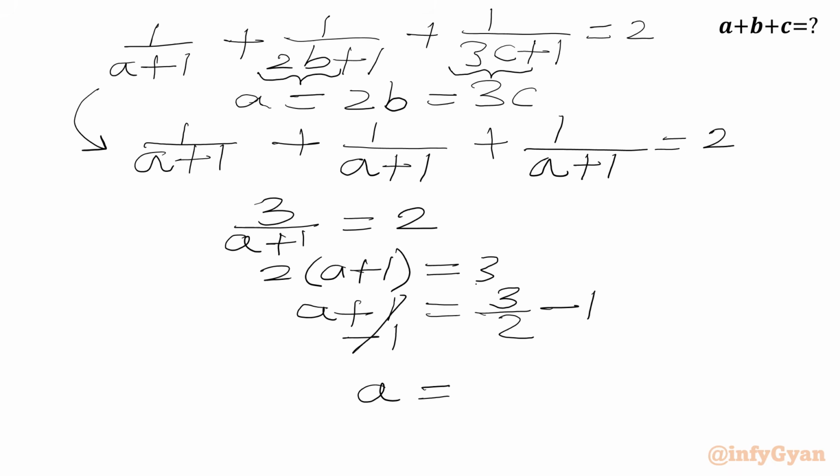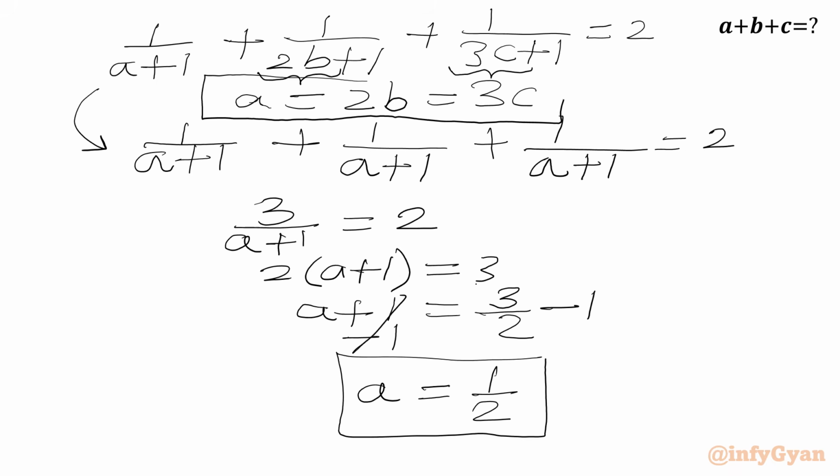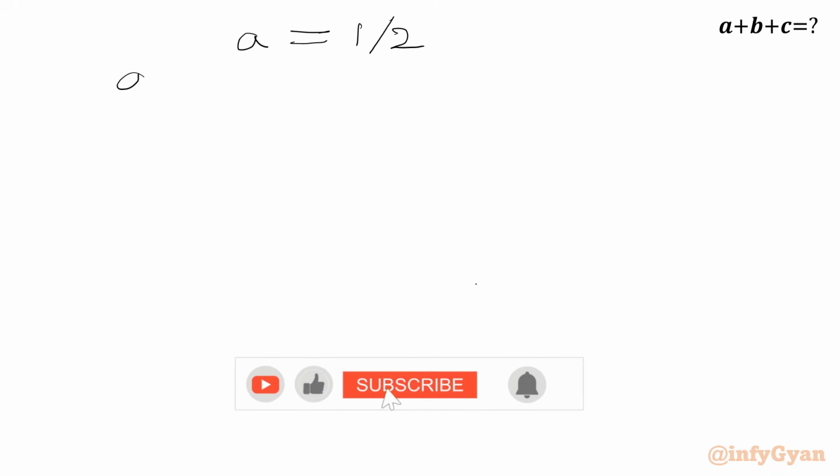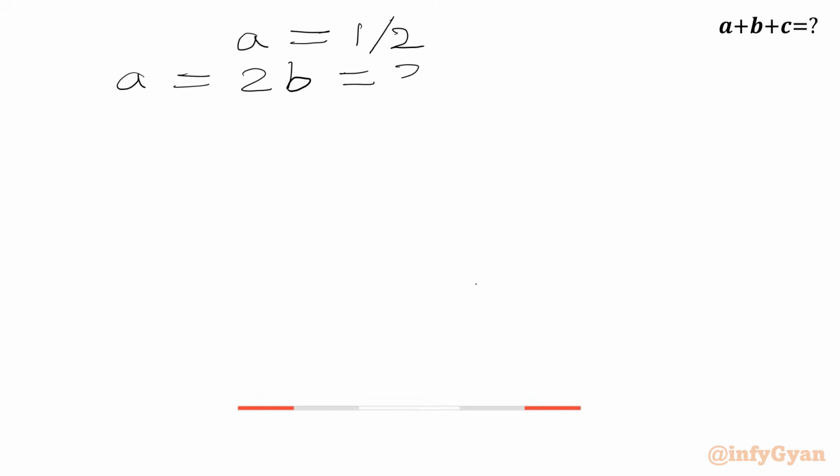We will get the a value. 3 over 2 minus 1 is half. So a is half. Now we have one strong conclusion: a equal to 2b equal to 3c. Let's put the value, a is equal to half.